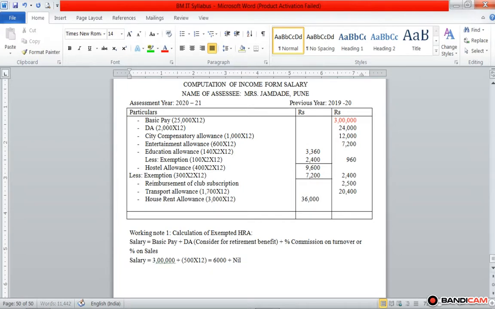So salary is equal to 3 lakh plus 6,000, we get salary equal to 3,06,000.